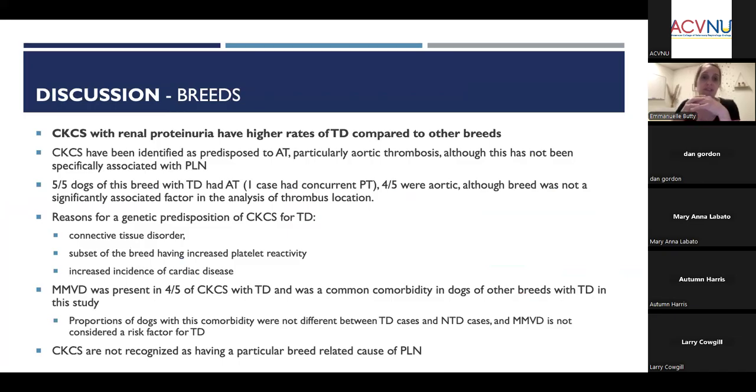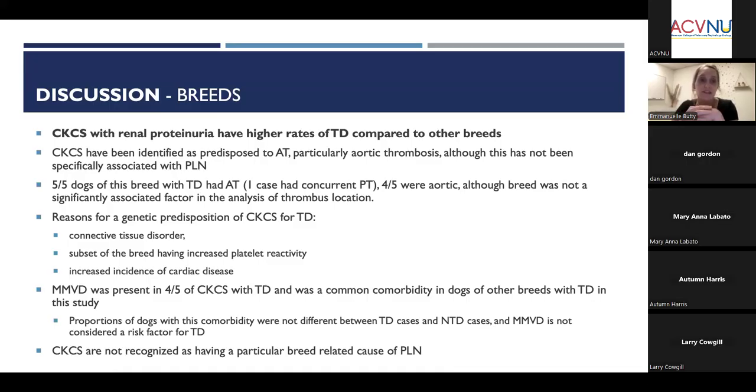And so for the discussion, going back to the breeds, this was kind of a surprise of this article: Cavalier King Charles Spaniels with renal proteinuria had a higher rate of thromboembolic disease compared to other breeds.